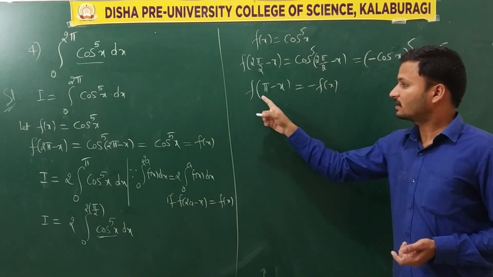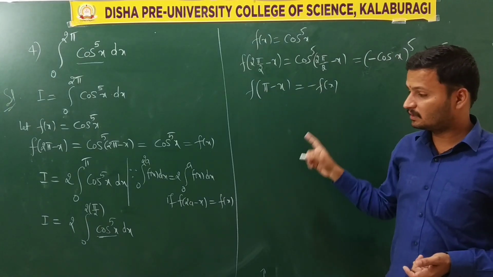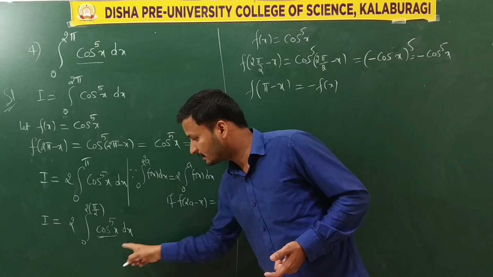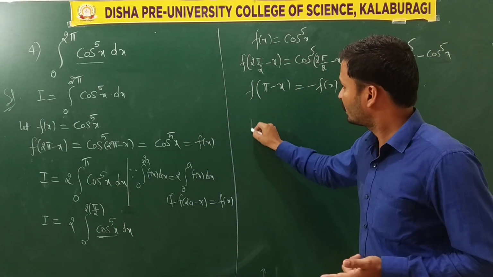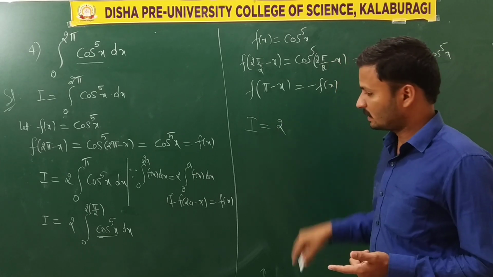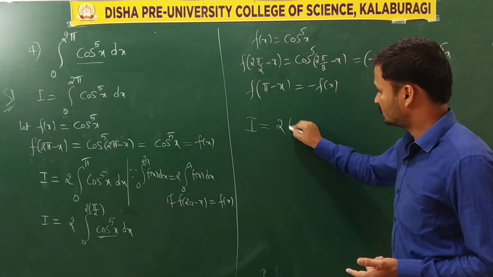Then the value of this integral is 0. So I is equal to 2 times the value of this integral, which is 0.